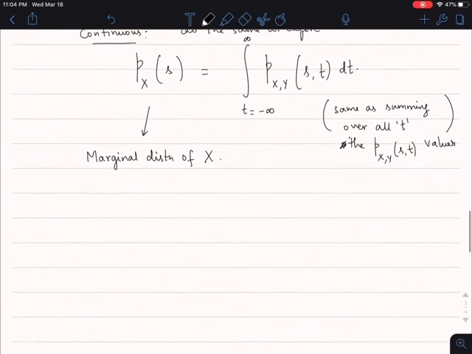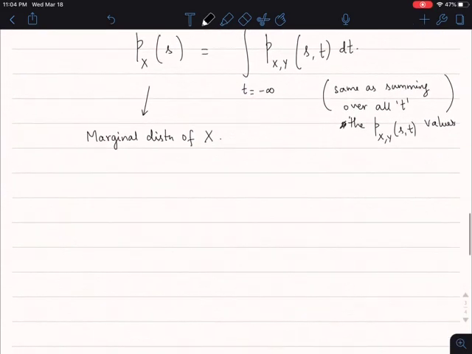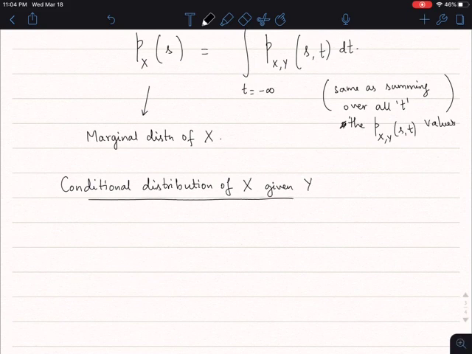Okay, so this is quite different from the second thing that we are interested in, which is called the conditional distribution of x given y. So what is this quantity?